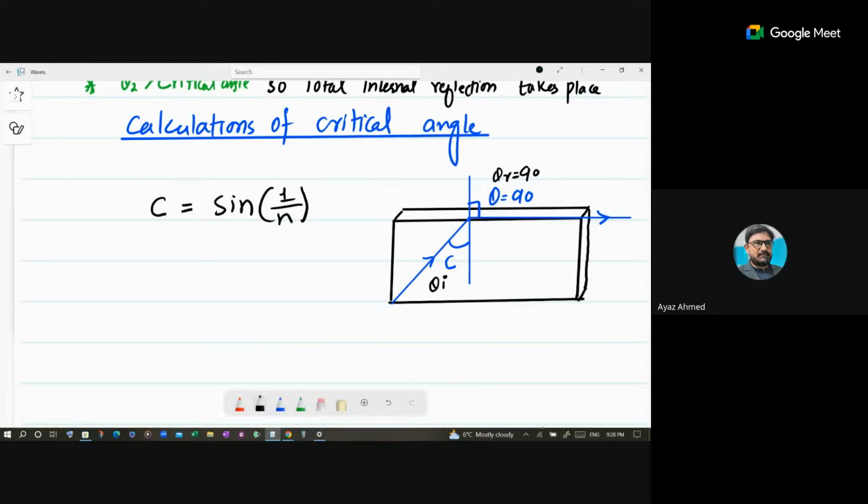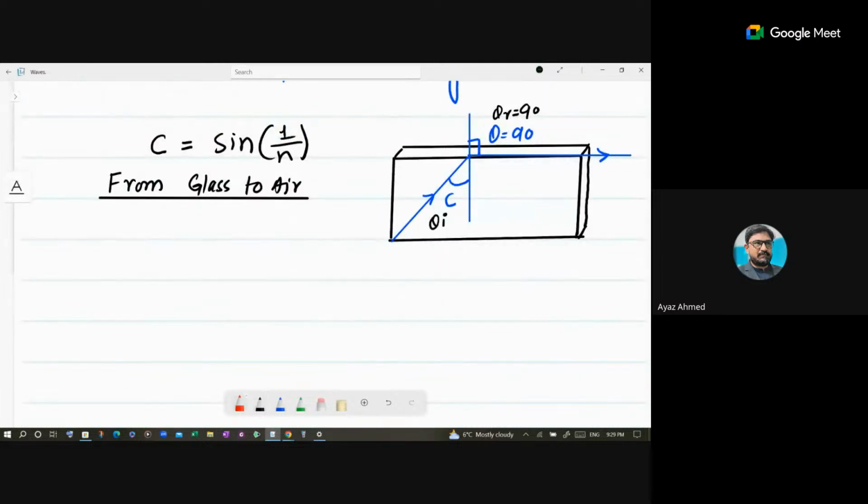When the light is entering from denser to rarer, that is from glass to air, how do we use the formula of refractive index? N is equal to what?